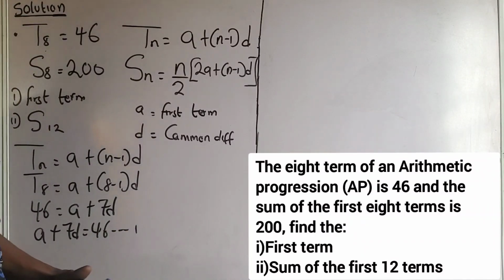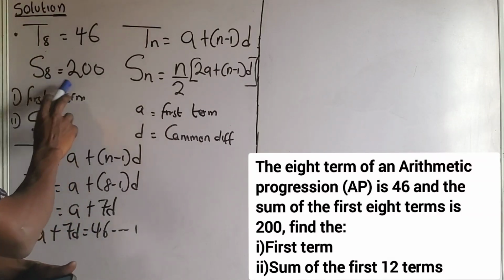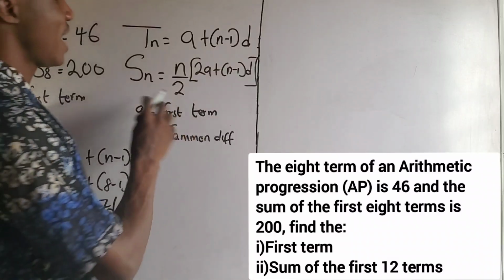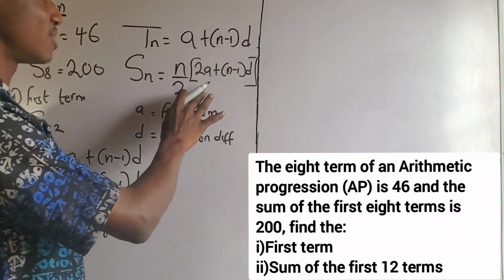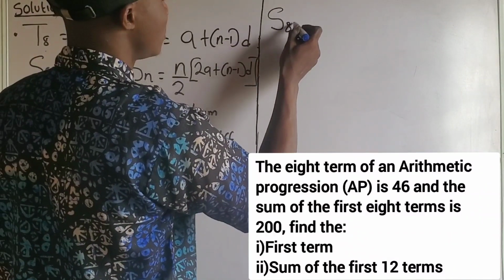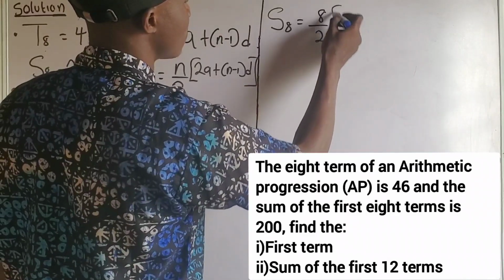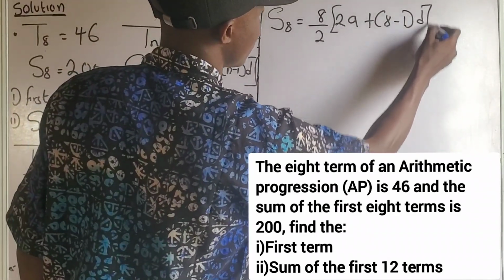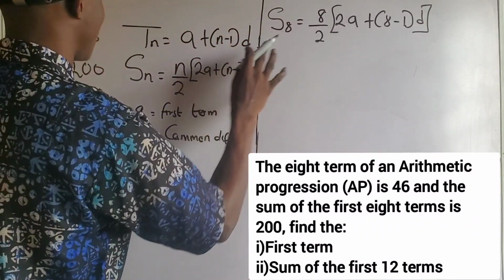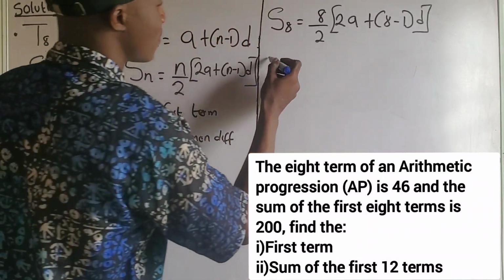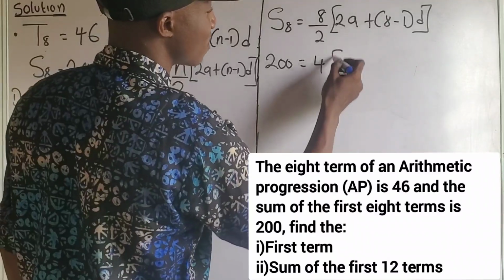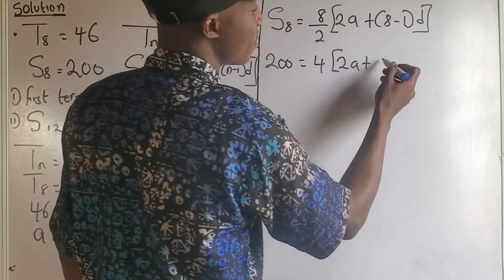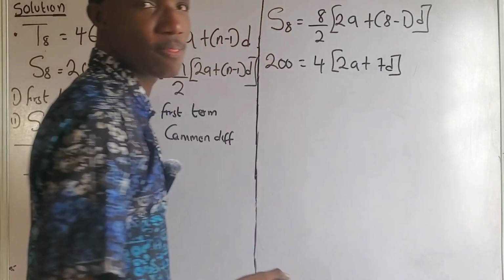Don't forget, another piece of information given in the question is the sum of the first 8 terms, which is 200. Now, Sn, the sum of the nth term, is this. So when n is 8, S8 will be equal to 8 over 2 multiplied by 2a plus 8 minus 1 multiplied by d. S8 has been given as 200. So I'm going to have 200 equals 4 multiplied by 2a plus 7d.